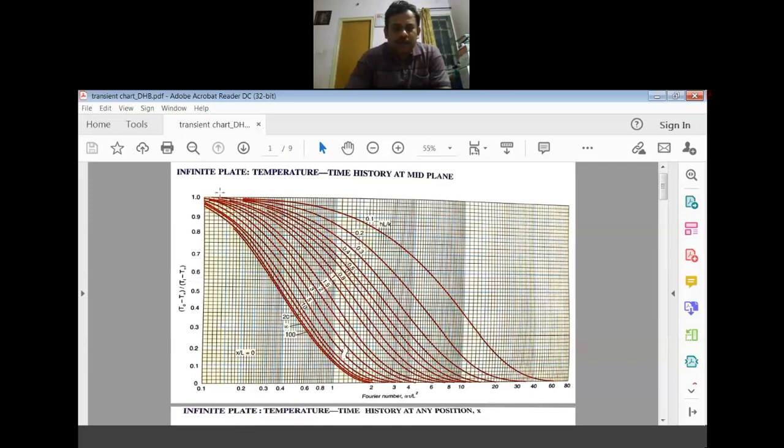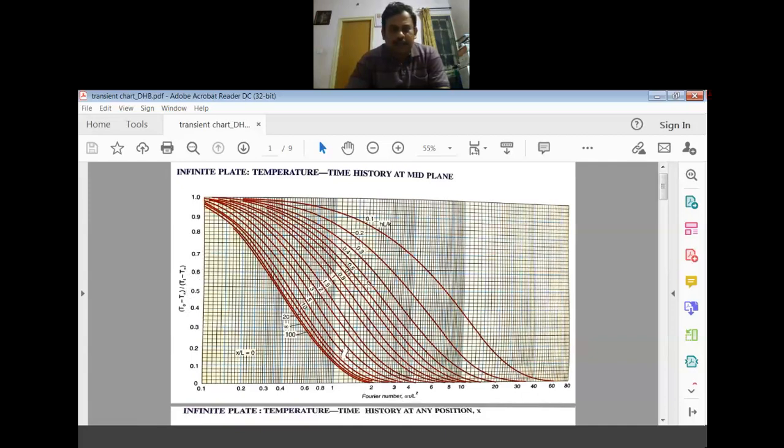If you go to the transient section, you are going to get these charts. In the first chart, hL by k is nothing but the Biot number. For different Biot numbers there are different curves, and the x-axis represents the Fourier number, given by alpha t by L squared. The left-hand axis gives you the temperature ratio at the center.